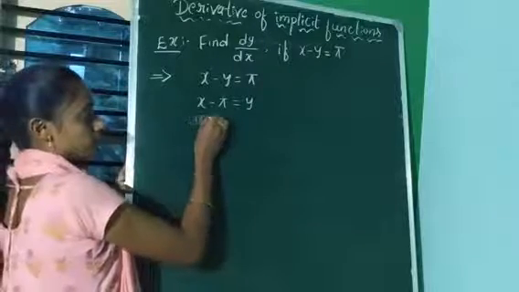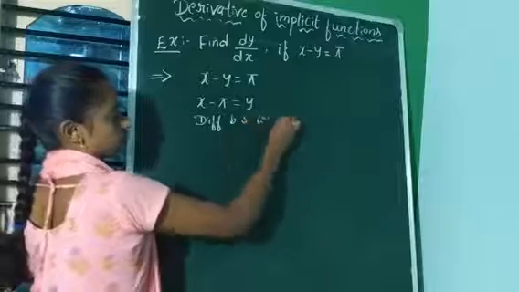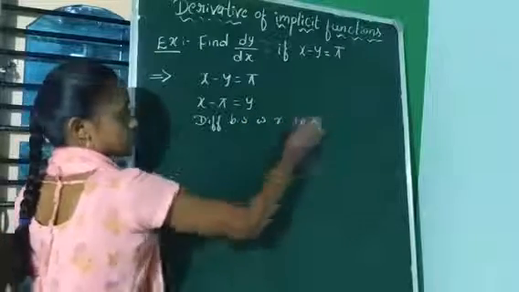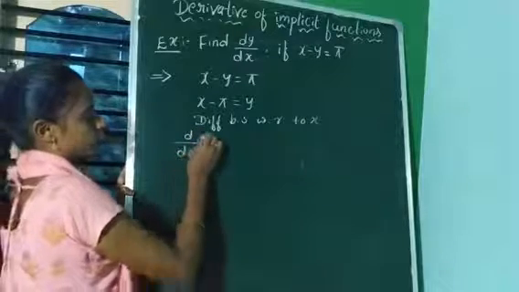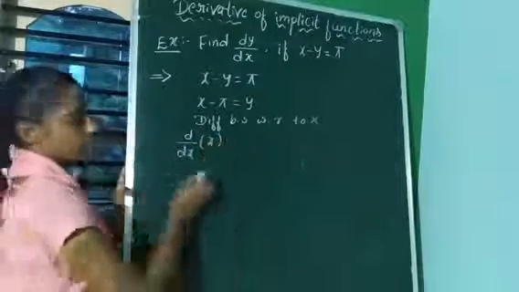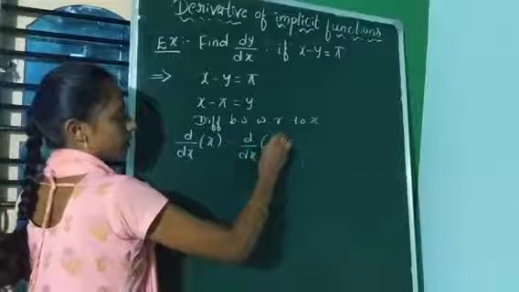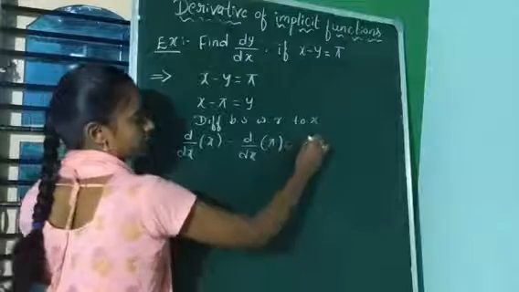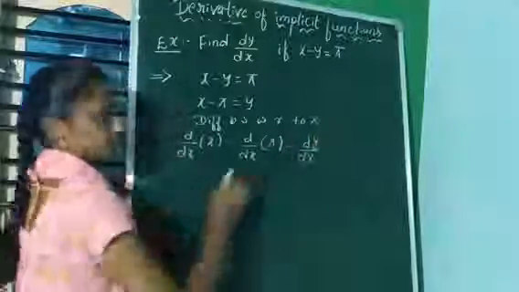Now differentiate both sides with respect to x. It is d by dx of x minus d by dx of pi, and this is equal to d by dx of y.